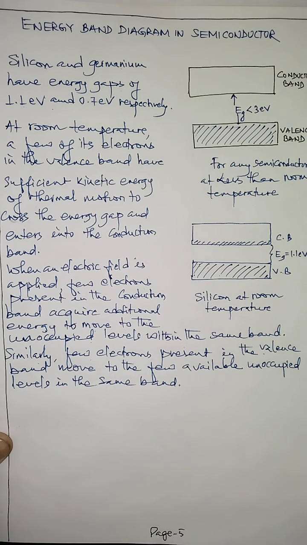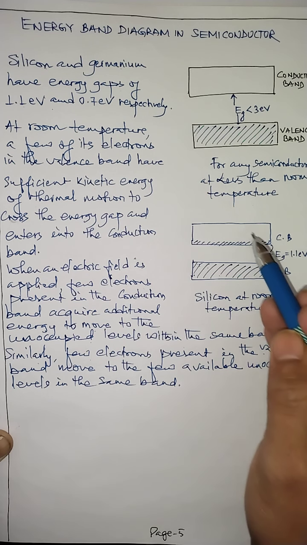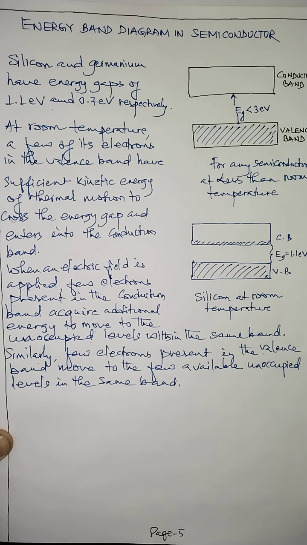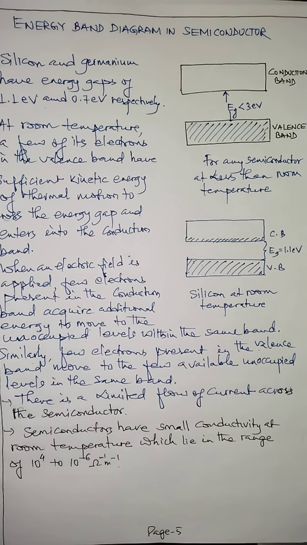So this makes the conduction of current when the semiconductor is connected to a cell or battery. That means they conduct electricity, and due to this, the semiconductor has a very small conductivity.